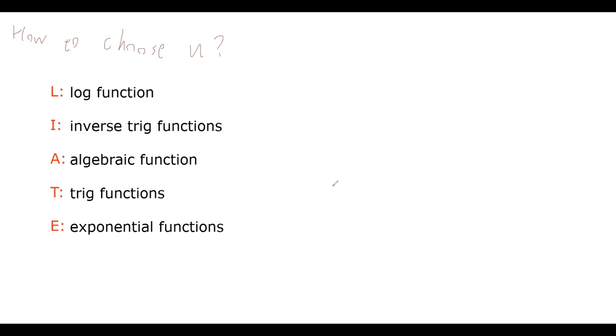Okay, so this is a technique on how to choose u. We have these 5 types of function: L for log, I for inverse trig, A for algebraic functions, T for trig, and E for exponential functions. We're going to go in this order, from top down. Within an integral, the type of function that you see first on this list is going to be your u. For example, if I have the integral of x squared times ln x, let's look at the first one.